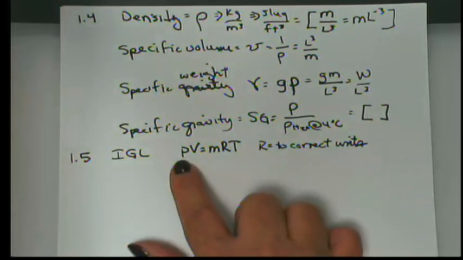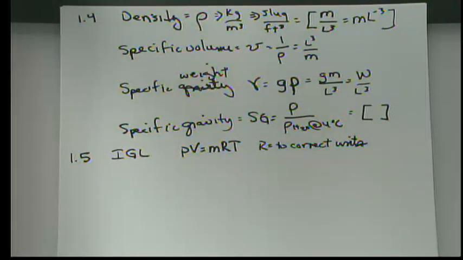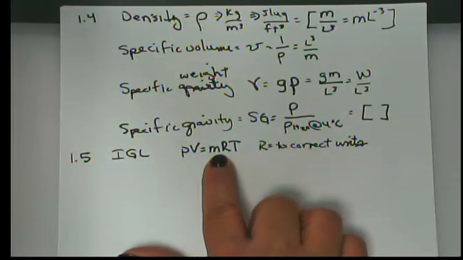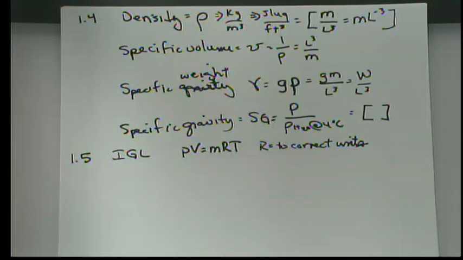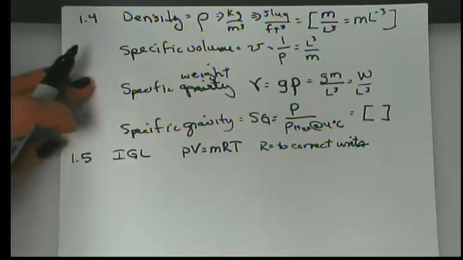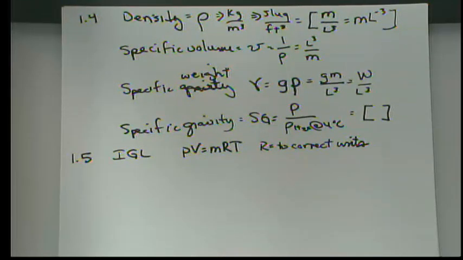For example, if we use pressure, we could use absolute pressure in atmospheres or pascals or pounds per square inch, and each one of those is going to require a different value of R. Volume could be in cubic meters, cubic inches, liters, mass in units of kilograms or slugs, and temperature has to be in absolute degrees, so it would either be in degrees Rankine or degrees Kelvin.